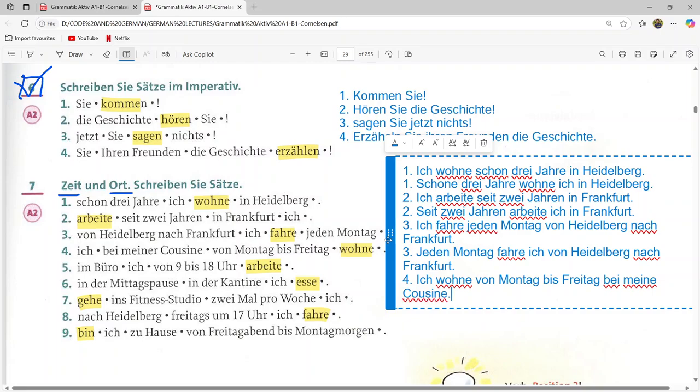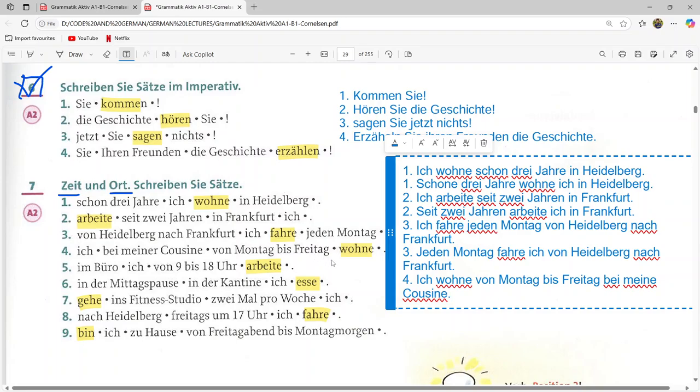Okay, so we can write in this way. Also, what else can we write? We can start with the time information. So von Montag bis Freitag. We can also use this information.